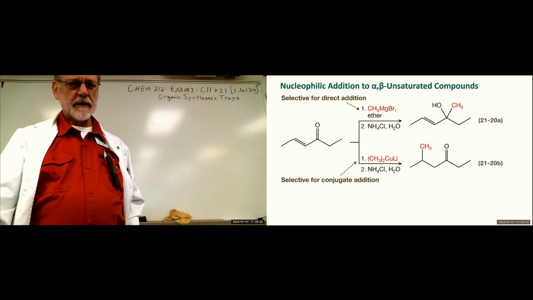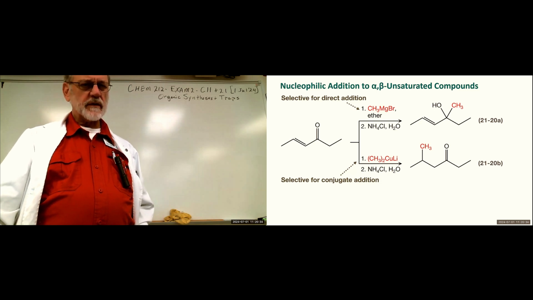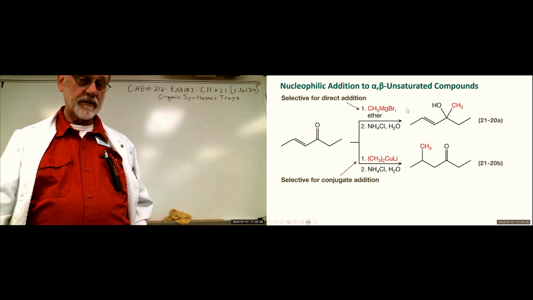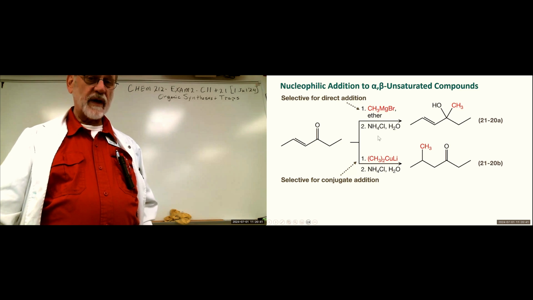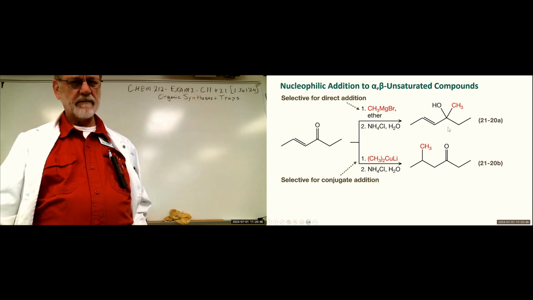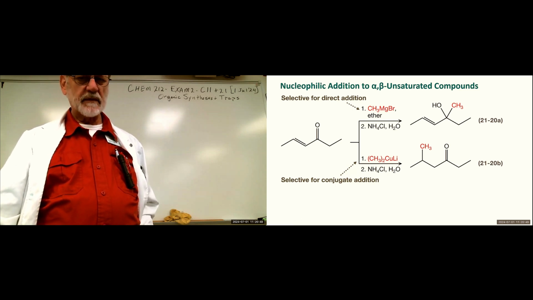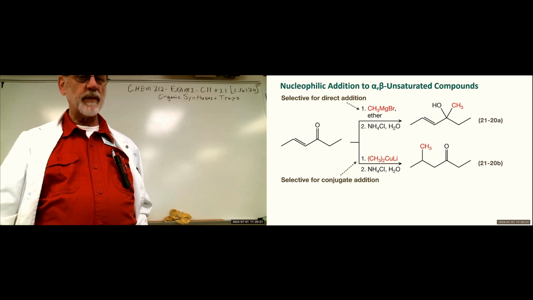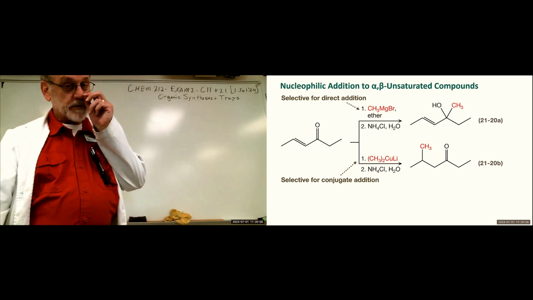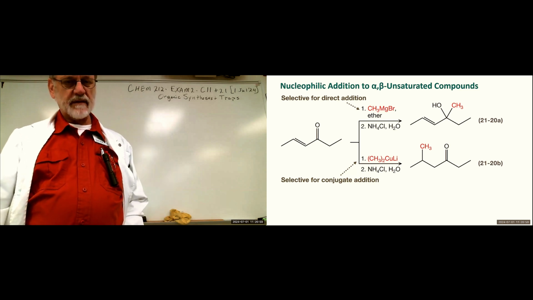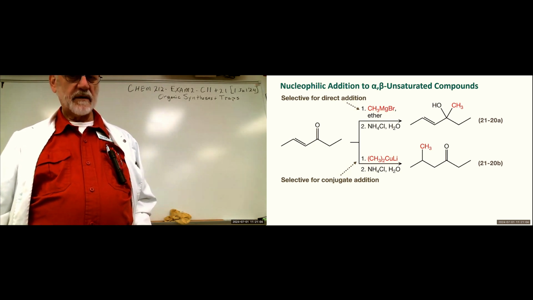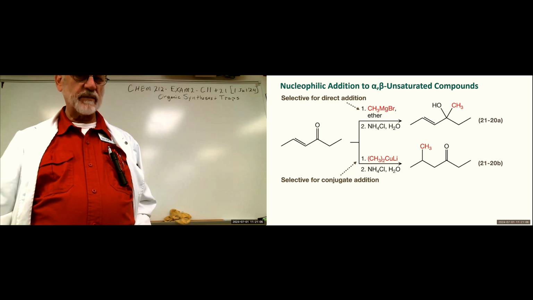If we use a Grignard reagent first, followed by the ammonium chloride, then we get a methyl substitution at the carbonyl carbon, not the alpha carbon, but the carbonyl carbon. But if we use the lithium organometallic compound, we actually get substitution at the beta.